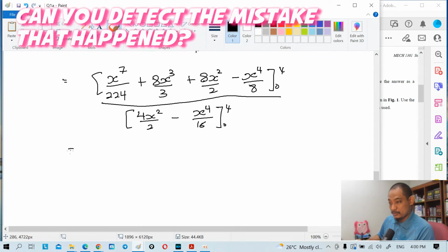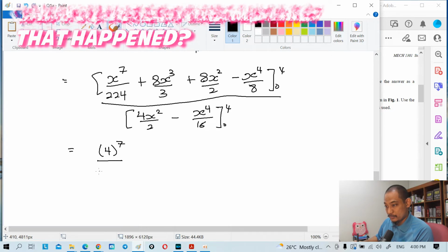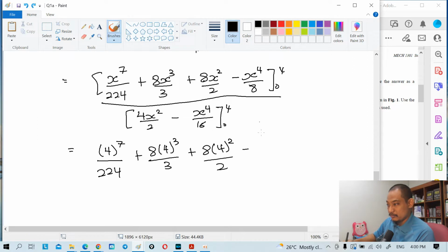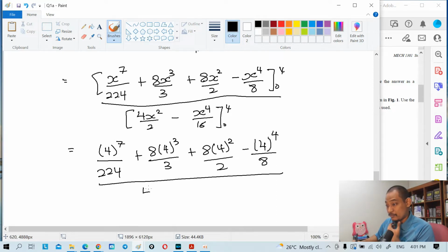Then we plug in: 4 to the power of 7 over 224 plus 8 times 4 to the power of 3 over 3 plus 8 times 4 squared over 2 minus 4 to the power of 4 over 8, divided by 4 over 2 times 4 squared minus 4 to the power of 4 over 16.